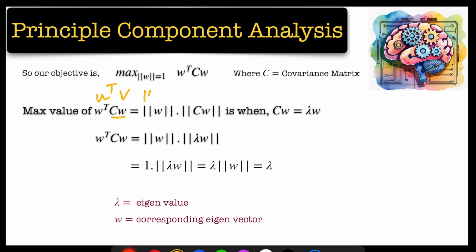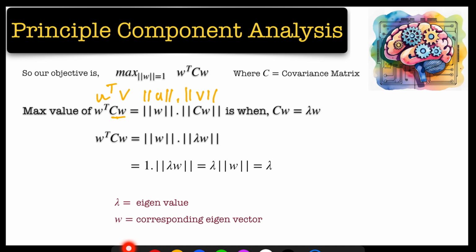That is, it will be norm of U times norm of V. Here U is W, V is CW. So the max value of W transpose CW is norm of W times norm of CW. And that happens when CW equals lambda W.